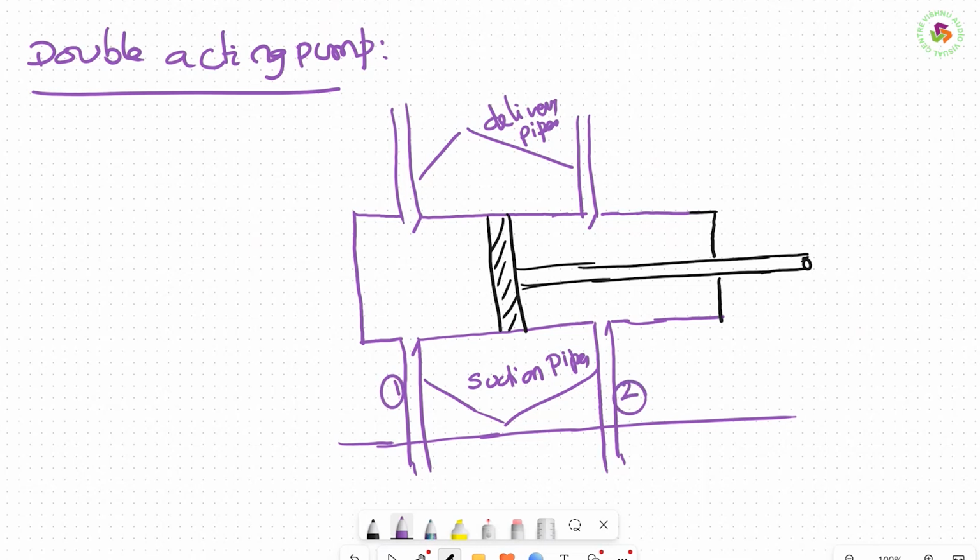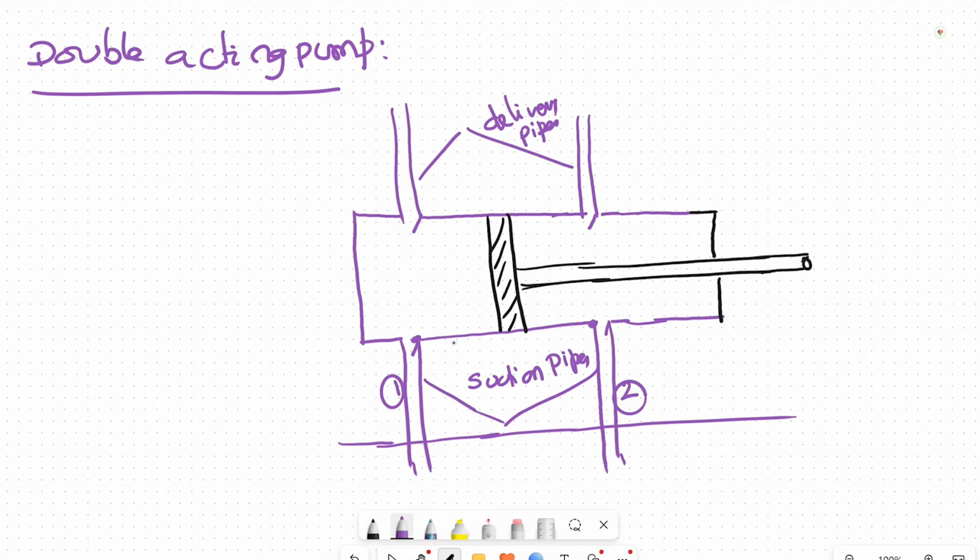When theta is equal to 0, the piston is at the extreme left. When theta is equal to 180, the piston reaches the extreme right. This is the extreme left, this is the extreme right.